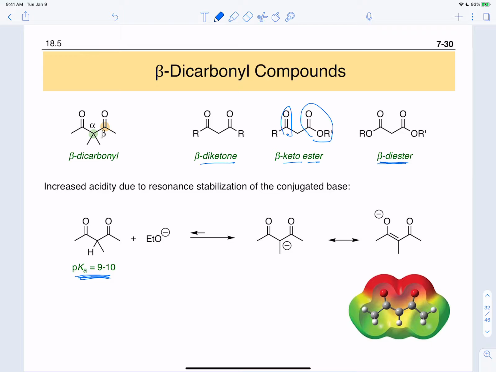We can see and rationalize why this is so acidic, and it's because its conjugate base is very stabilized. So we can move that negative charge between the central carbon atom onto one of the neighboring oxygens and also onto the second neighboring oxygen.